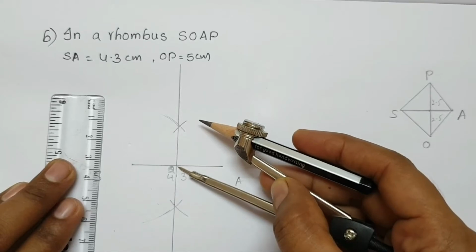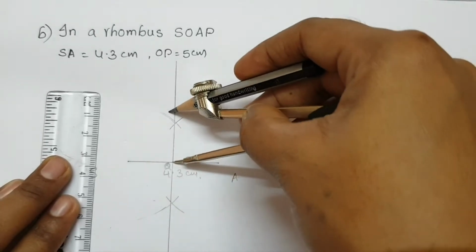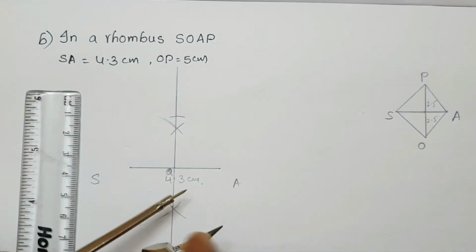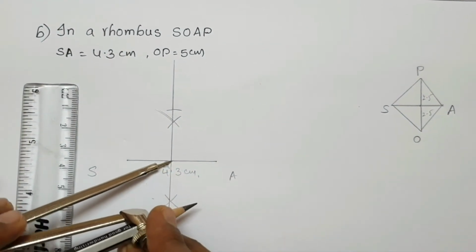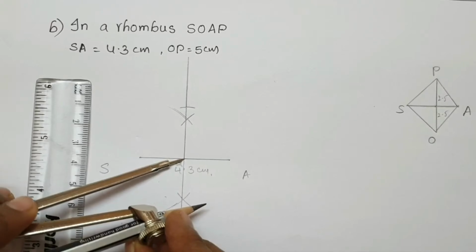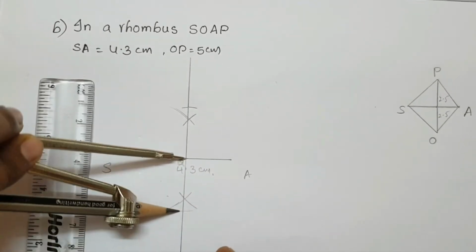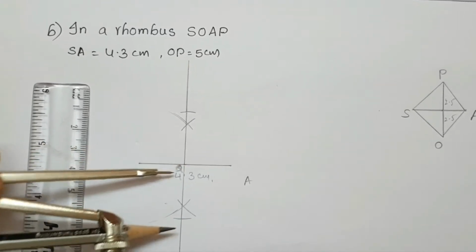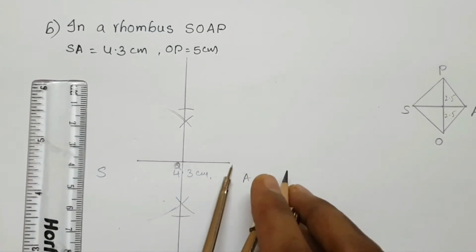With Q as center, draw arcs of 2.5 above and below, because the total PO is 5 centimeters, half is 2.5.